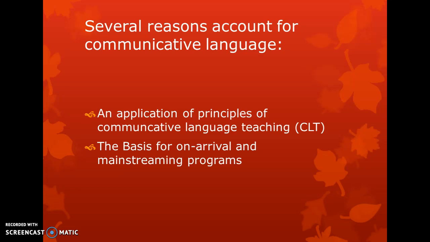And the second one is the basis for newly arrived and mainstream programs. This is focused on the language of newly arrived immigrants. Learners typically need to learn how to deal with different kinds of real world content based on social survival from different worlds. So they need to learn not only within their countries but also from other countries' survival as well.